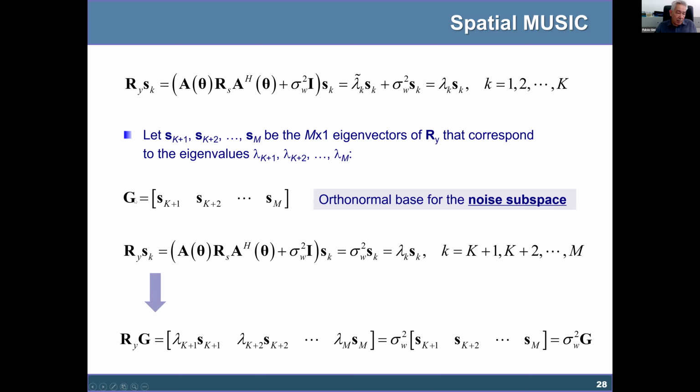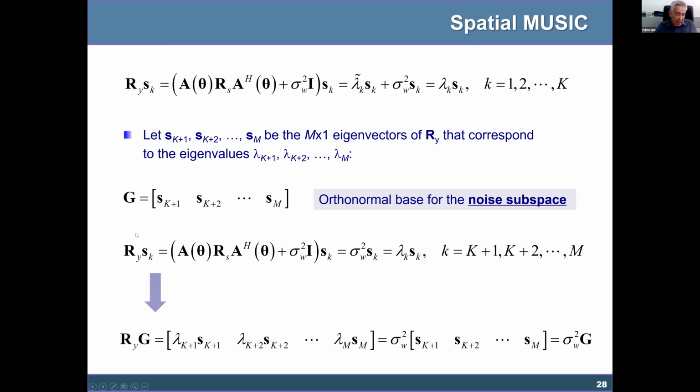This is a matrix where each column has norm 1 and they are mutually orthogonal. So this matrix represents an orthonormal basis for the subspace orthogonal to the signal subspace, and we call this the noise subspace.